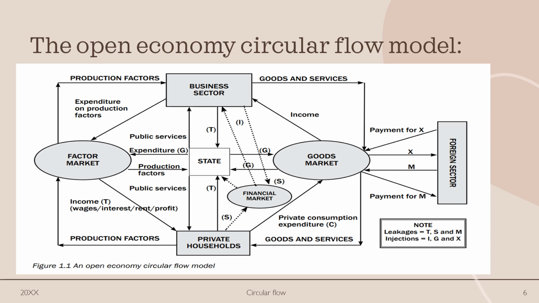Then now, because we're discussing the open sector, we're going to also talk about the foreign sector. Now, the foreign sector, there's an X and M here. The X is for exports and M is for imports. The exports, these are the things that we sell to other countries and receive an income.